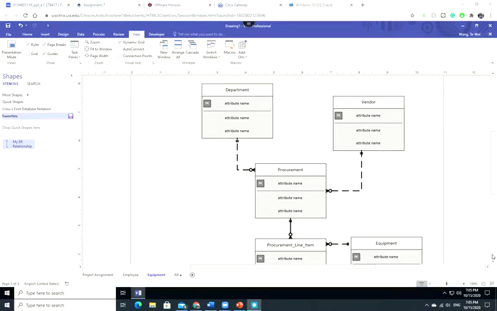Professor, are line or dash line non-identifying, and are they weak relationship or strong relationship? Okay, so this is one of the very confusing concepts introduced in chapter 5.